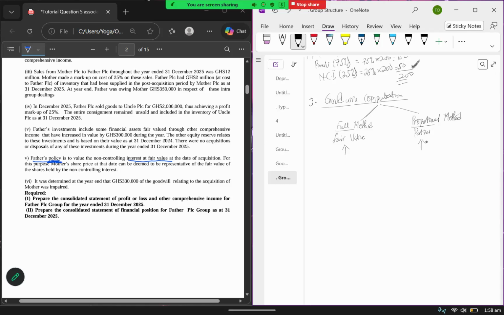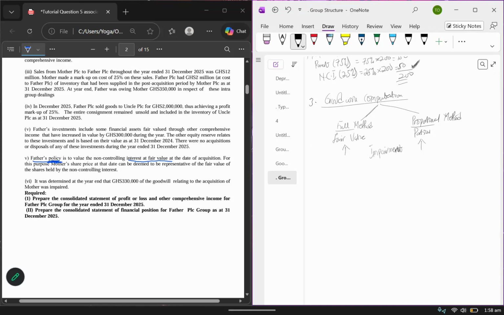Okay. The basic difference between the fair value or full method and the partial method is the treatment of impairment, that's impairment of goodwill, how the impairment will be treated.